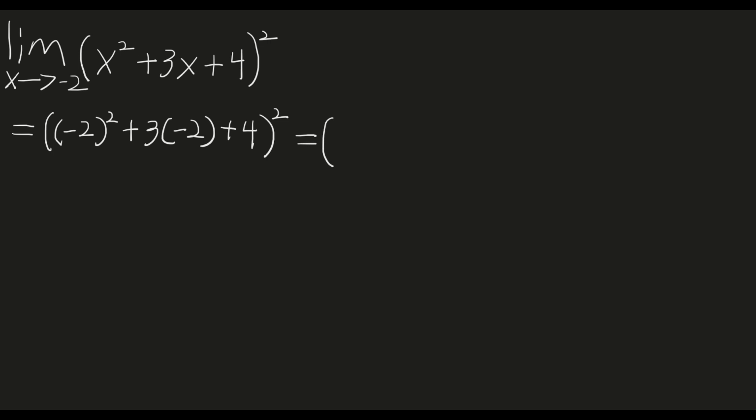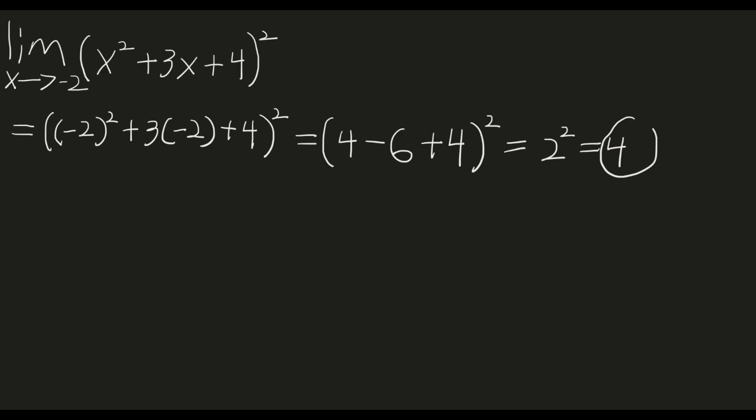Okay, and now we could just apply our basic math. -2 squared, 4. 3 times -2, -6, plus 4, all raised to the second power. 4 minus 6, -2. -2 plus 4 would get us just 2, and then it's raised to the second power, and then 2 squared gets us 4. And this will be our final answer right here.